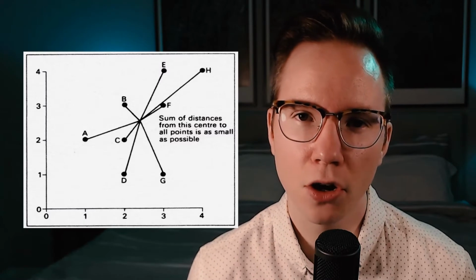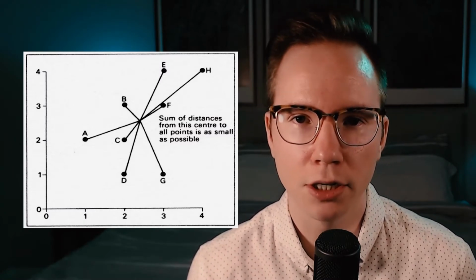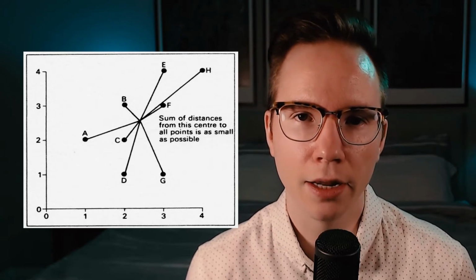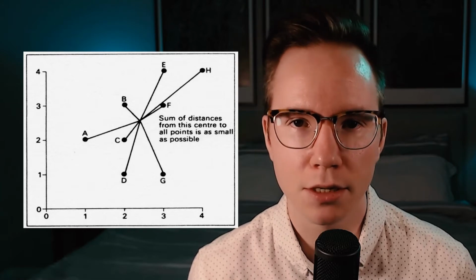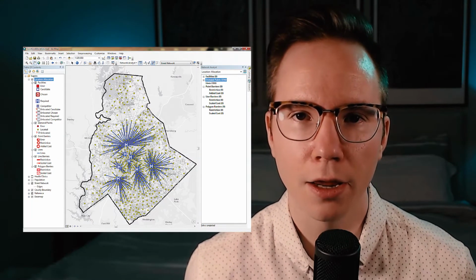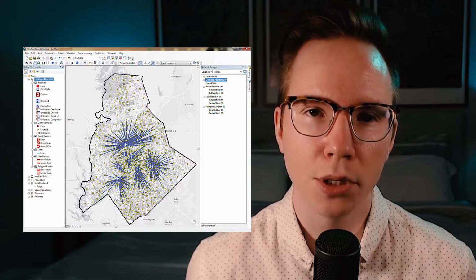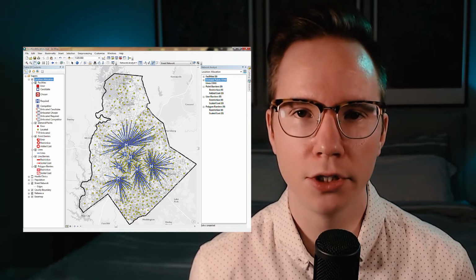And this is often called location allocation in transportation geography and other things like real estate geography or business geography, etc. We're trying to locate a building in a place that minimizes the distance to your variable of interest.